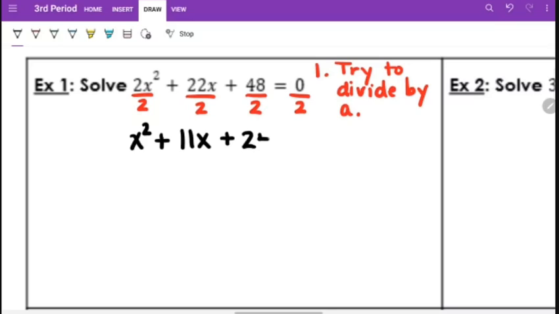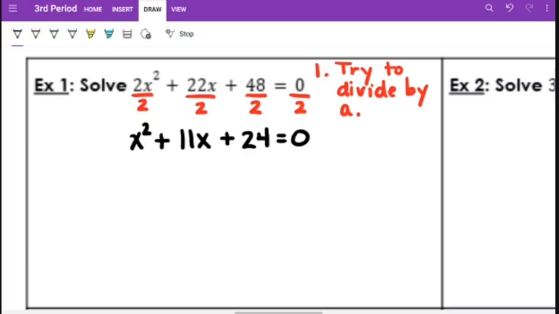So my whole problem simplifies, and each of our various pieces still is a whole number, but it's a simpler whole number. It's smaller, easier to deal with. But the kicker, the part that we're really, really excited about here is that the 2x squared turned into an x squared. And we know how to factor this. This is easy for us to factor. We've been practicing this for over a week now.